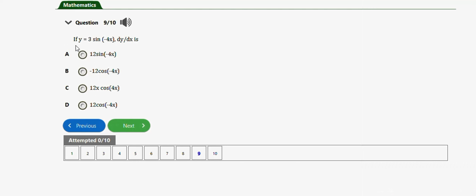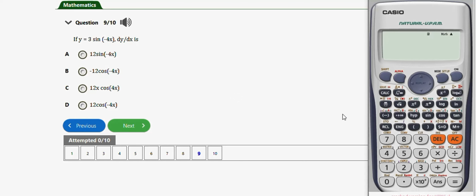Let's replay question with this one. It says if y equals 3 sine in bracket minus 4x divided by the x is 1. So we're looking for the derivative of the function. Let me calculate and solve this. Okay, so we're still working with the 6 in the calculator. So we're still working with the 2 is stored. So we're going to have shift this.